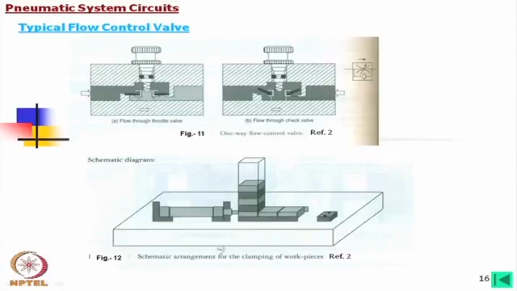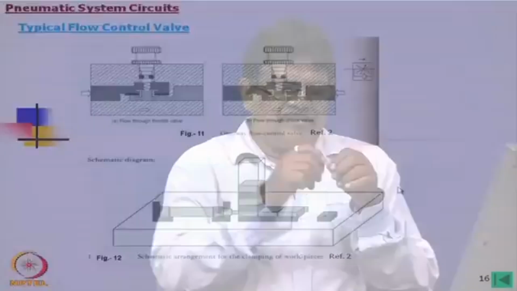Such valves have many applications. For example, this is a schematic arrangement for the clamping of a workpiece. Here air is flowing, and we do not completely trap it. Suppose you try to hold something by trapping the fluid; you will find that after some time the pressure is reduced and the clamp is not working.